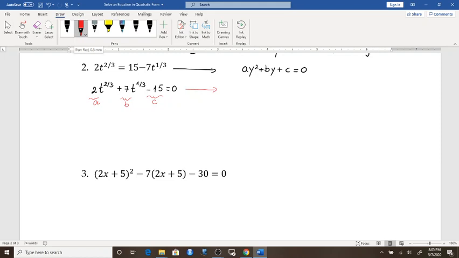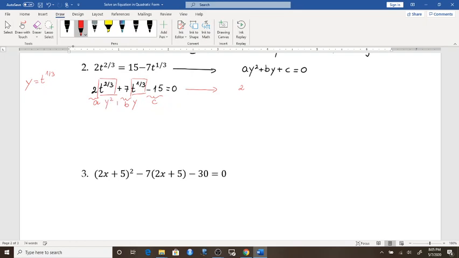So what we get is a, we know, is going to be 2. Well, let me make a substitution first. The term of y is going to be the term next to 7, because this is the b. So y is going to be equal to t to the power of 1/3. So this is your y, right? You have by, right? And this is going to be your y squared.